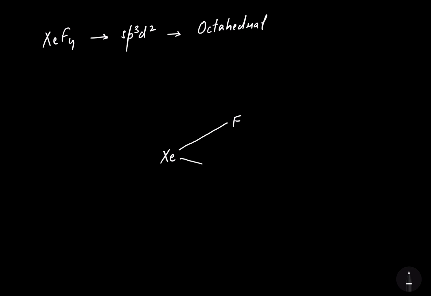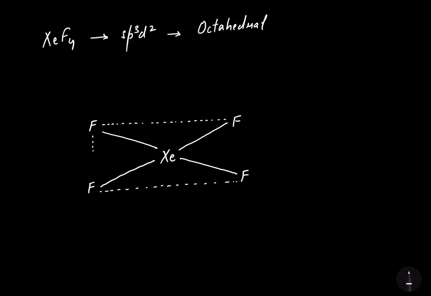That's the second sigma bond with the second fluorine. That's the third sigma bond with the third fluorine, and that's the fourth sigma bond with the fourth fluorine. Now I'm just imaginarily linking the fluorine atoms just to make you understand the structure in 3 dimensions. These are not the bonds. This is just imaginary linkage.